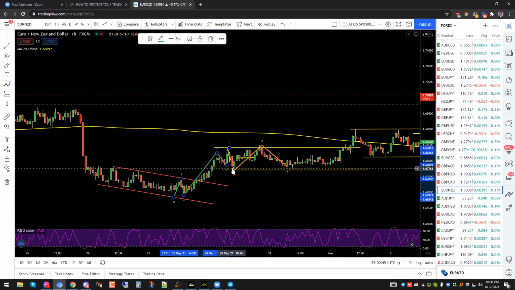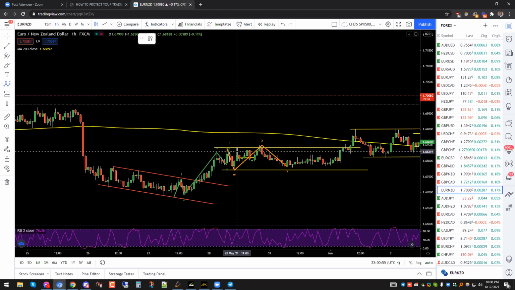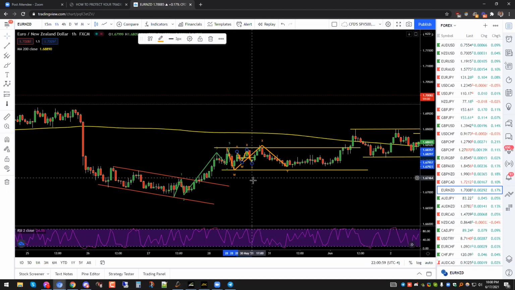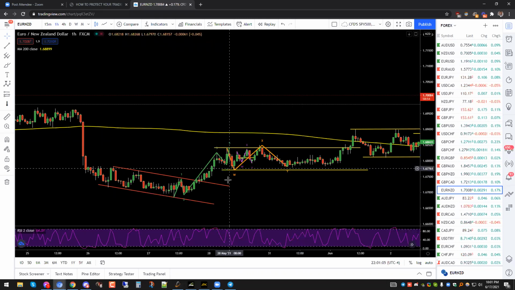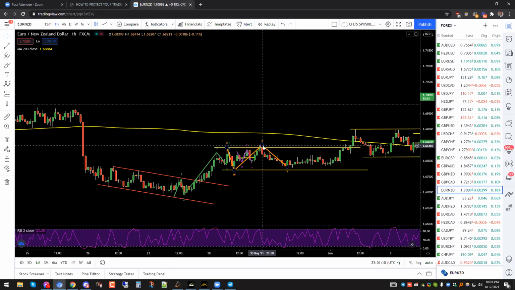We get 1 wave down, get 1, 2, 3, right? Let me just try to mark off these internal waves for you. 1, 2, 3. Okay, let's make this a different color. So you can see this is impulse, 1, 2, 3, correction, impulse, right?